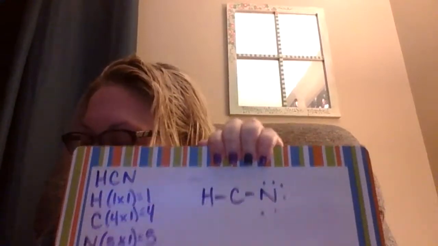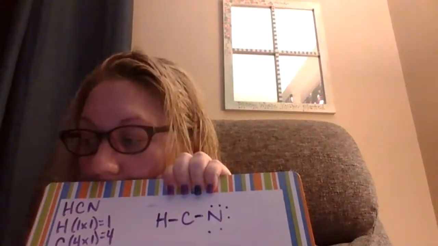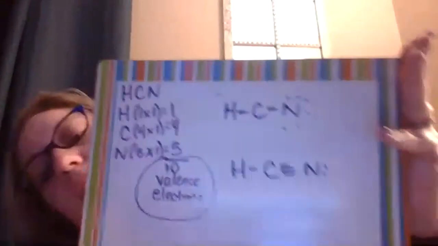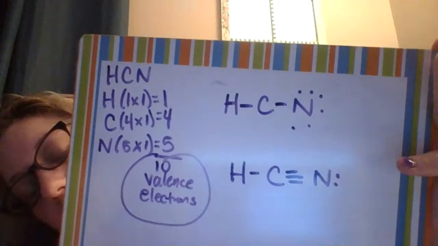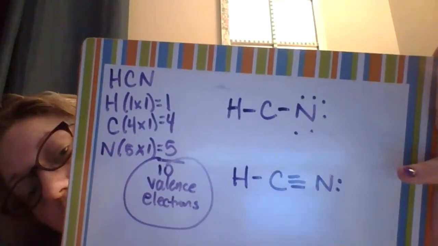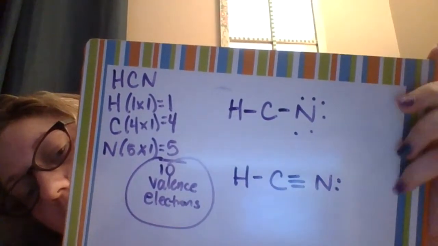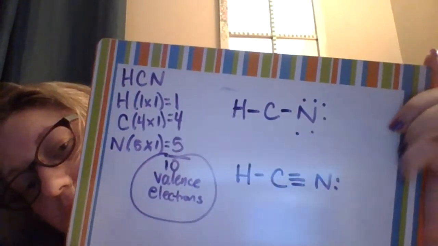This is where I get a little confused, but I think it could be this. So 10 valence electrons, H single bond, C triple bond, N with a lone pair of electrons on nitrogen.